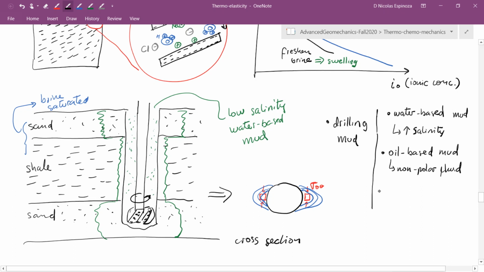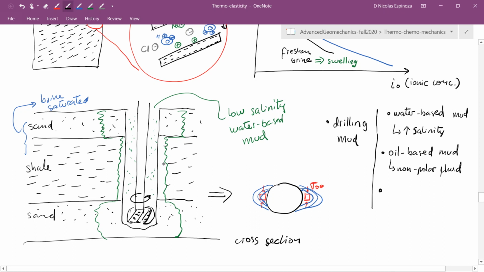And one more solution, a little bit more mechanical than chemical, is to try to mitigate this leak-off. The problem here is that some fluid is getting into the shale and it's mixing with the resident fluid and it's causing that freshening of the pore water or the pore brine.